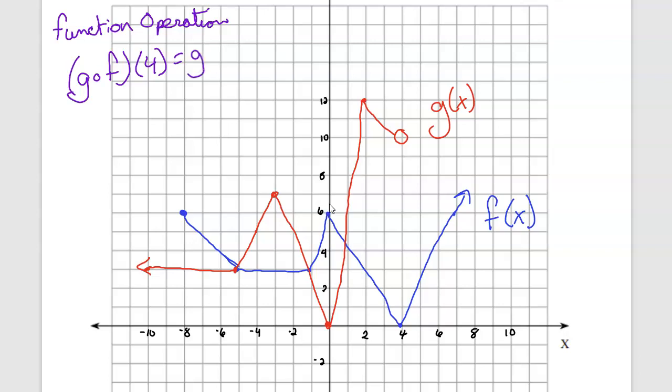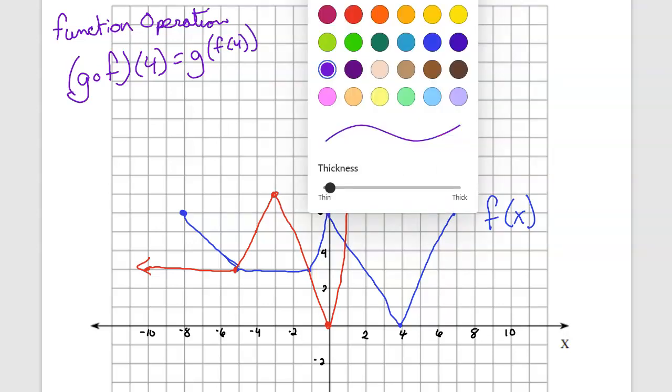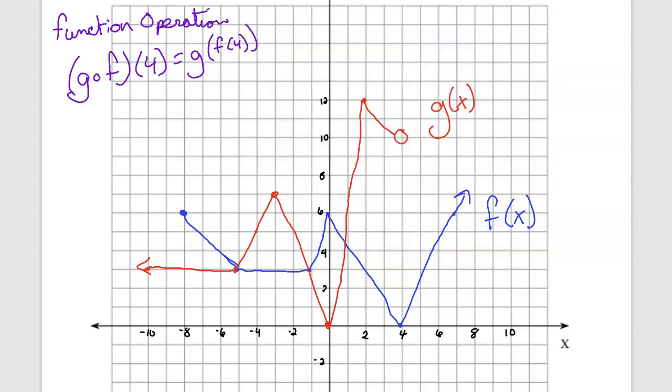Remember that this is g of f at 4. So what I'm going to do first is find f at 4. I'm going to find that number first. So you always go from, remember, the inside here. So at 4, f is 0.